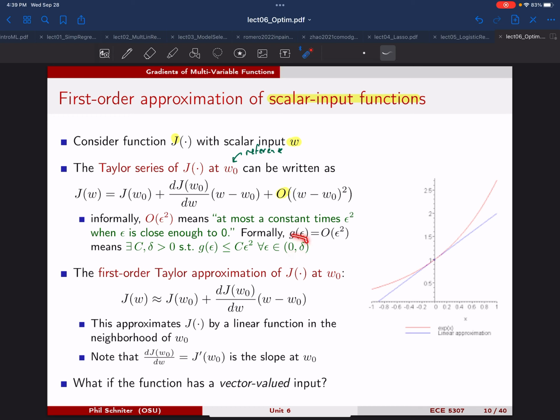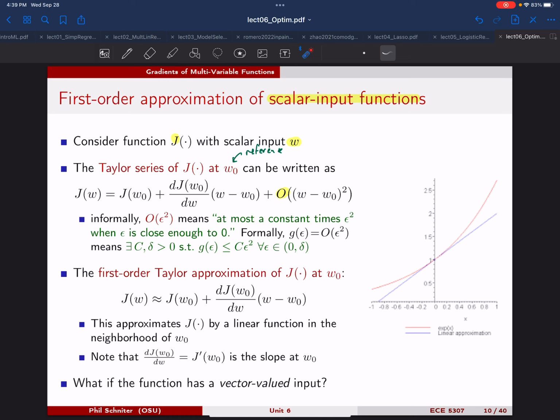So this is where we get the close enough to 0 part, and this is where we get the at most a constant times. All you're saying is there exist some c and delta. You don't know what they are, but they exist such that this upper bound holds. And it holds for all epsilon in the neighborhood of 0, which means all w in the neighborhood of the reference w naught.